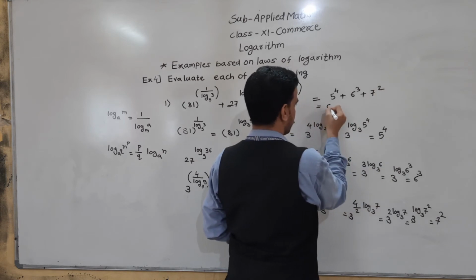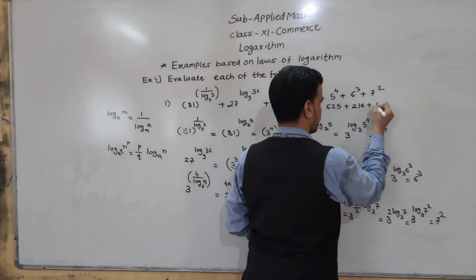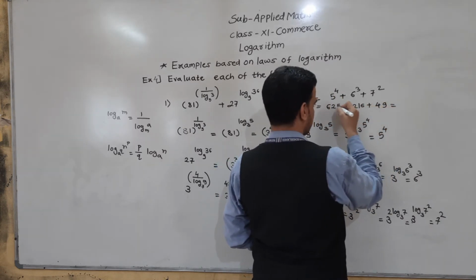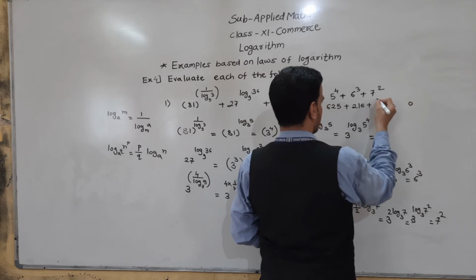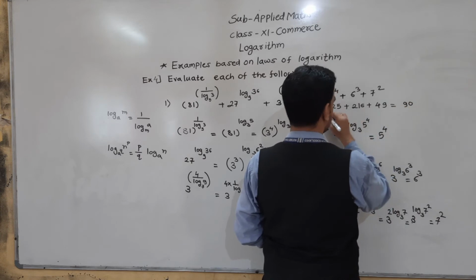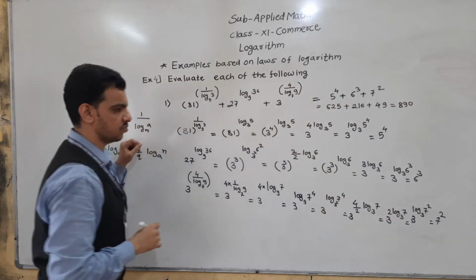So 5 raised to 4 is 625, 6 cube is 216 and 7 square is 49. So if we add this: 9 plus 6 is 15, plus 5 is 20, 2 plus 4 is 6, plus 1 is 7, plus 2 is 9, and 6 plus 2 is 8. So the answer is 890. Okay.